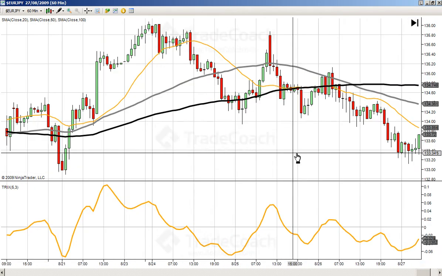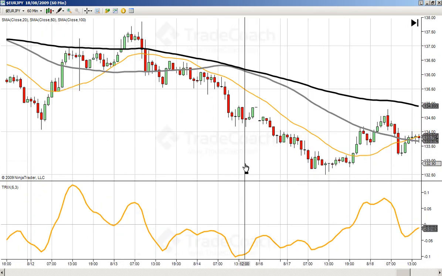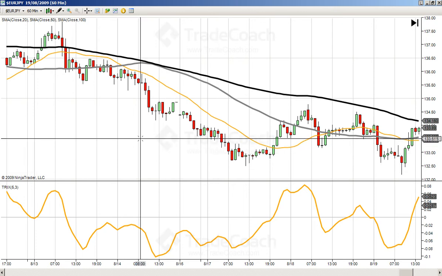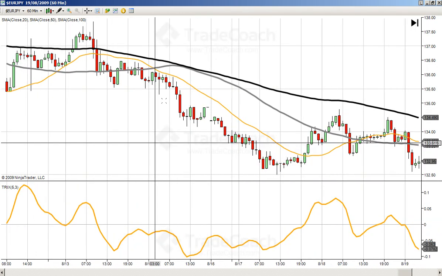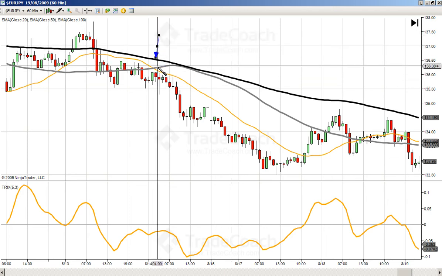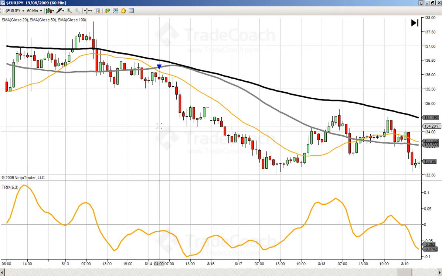What I'm looking for is a moving average cross, so let me just go find a really nice simple example. Alright, I'm going to go even simpler. Okay, right here the 20 has crossed down below the 50 and returned to a sell bias, as you may know.